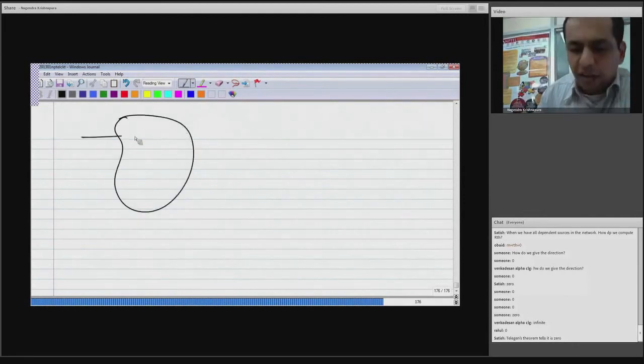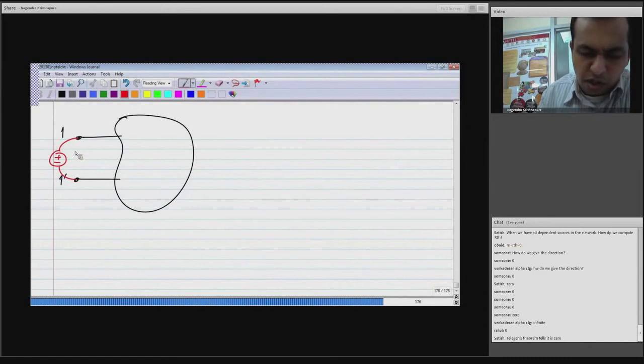But in general, if you have any network with two terminals, let's say 1 and 1 prime, the way to find the resistance looking into 1 and 1 prime is to apply a test voltage, V test, and analyze the circuit. In case of Thevenin's theorem, whatever is inside will be nulled.